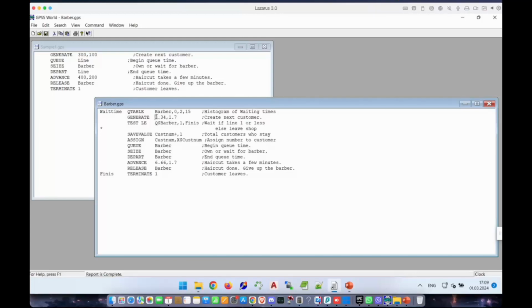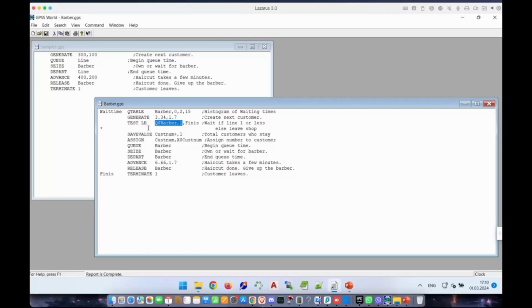So we have the time with dispersion when the new transact appears in the system, and here we have a very interesting operator. The operation TEST, as GPSS is the same as operation if. Next, we have a comparison operator, and then we have two values which are going to be compared.